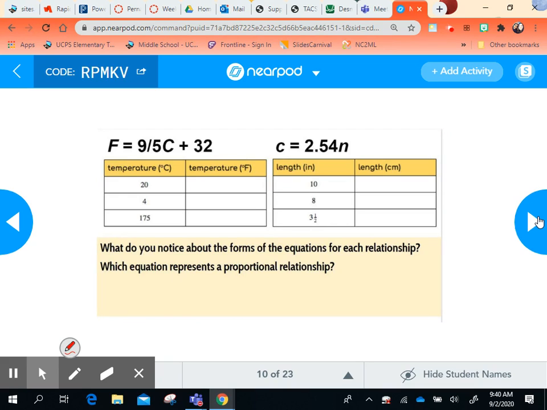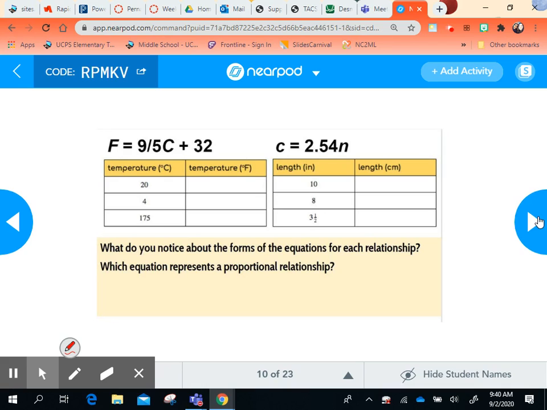Is there anything you notice about these equations? Is there a difference between one and the other? What are you noticing? What is different about the first equation and the second one? There's one thing that's very different.